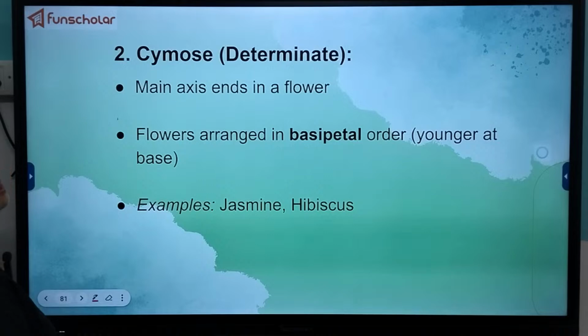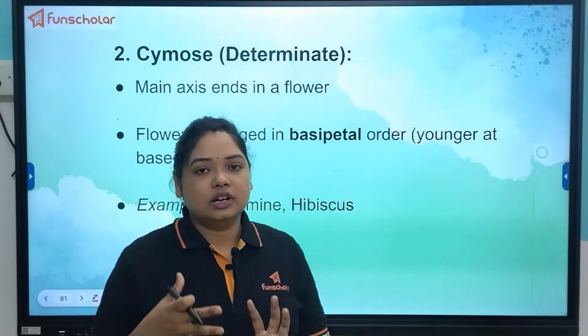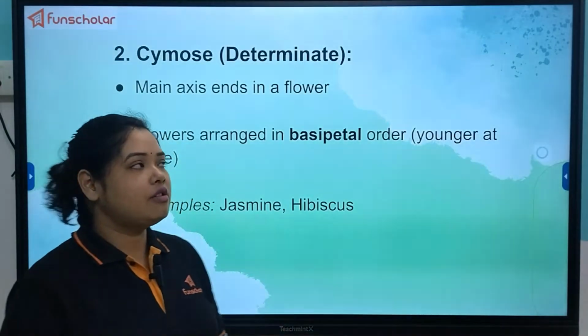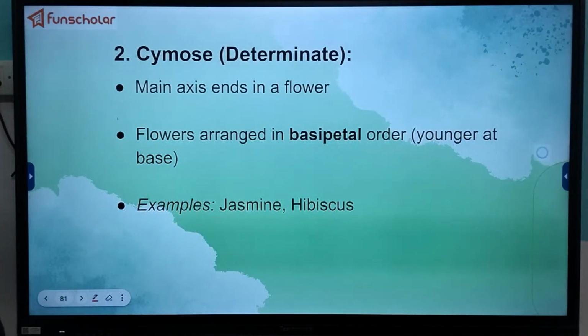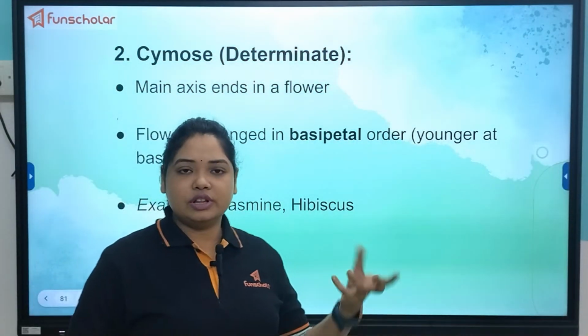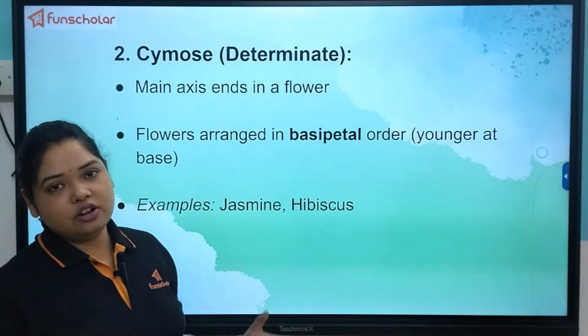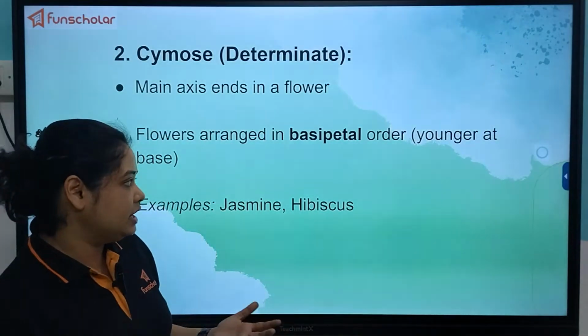On the other hand, cymose flower formation, that is the determinate inflorescence, means the definite length of the flower stalk is determined by the growth of the main flower. A single flower grows at the top of the main axis, and that is the end of the growth of the main axis.